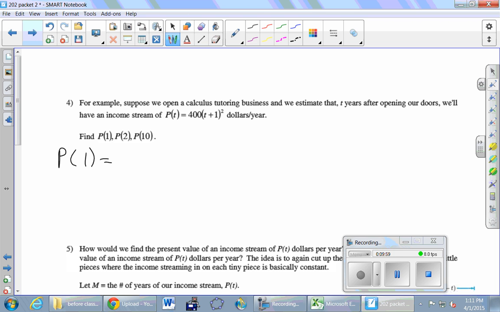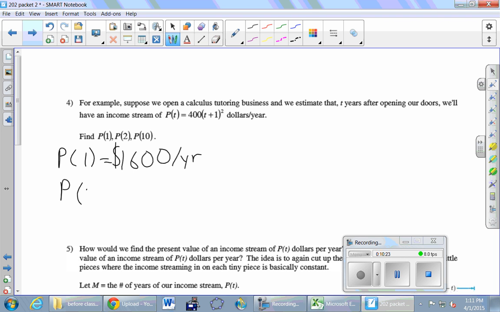I don't think we need a calculator for any of this. So P of 1, we just plug 1 in for the T. What do we get? 400 times 2 squared, 1,600. Let's get some units up here. 1,600 what? Dollars per year. At the end of the first year, money will be coming in at a rate of $1,600 per year.